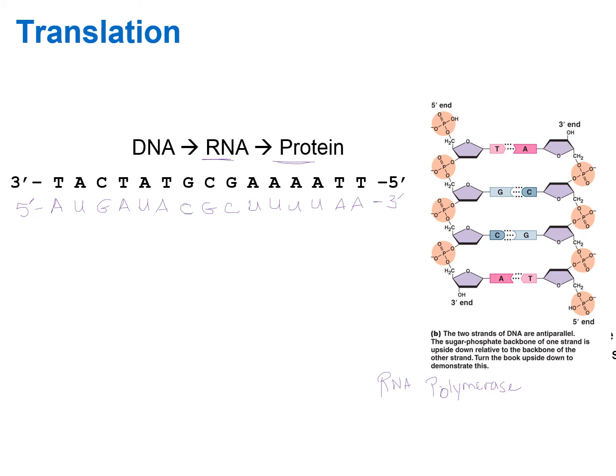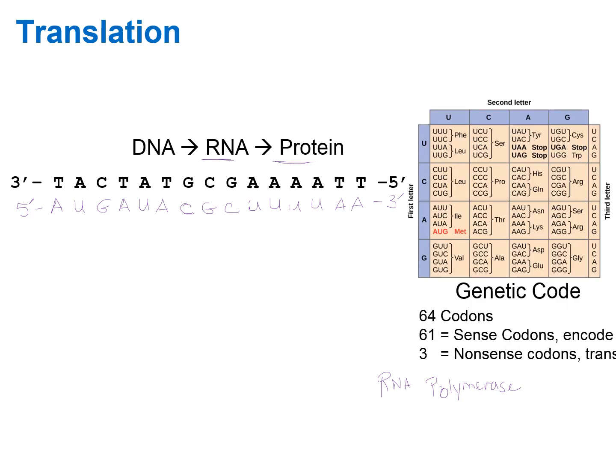But how do we get to protein? I'm glad you asked. We need a table called the genetic code. What the genetic code does is it relates RNA bases to amino acids.